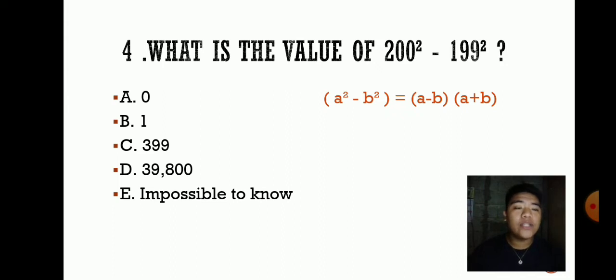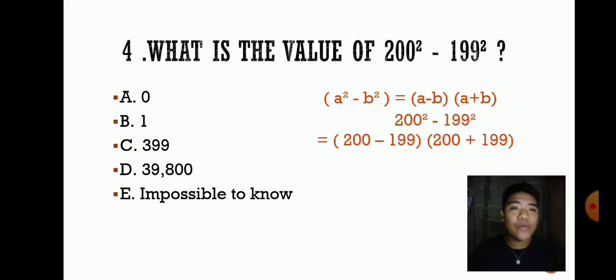So when we look back at our given, that is 200 squared minus 199 squared, which is the same as a squared minus b squared. So we can rewrite the expression into 200 minus 199, which is a minus b, and 200 plus 199, which is a plus b.